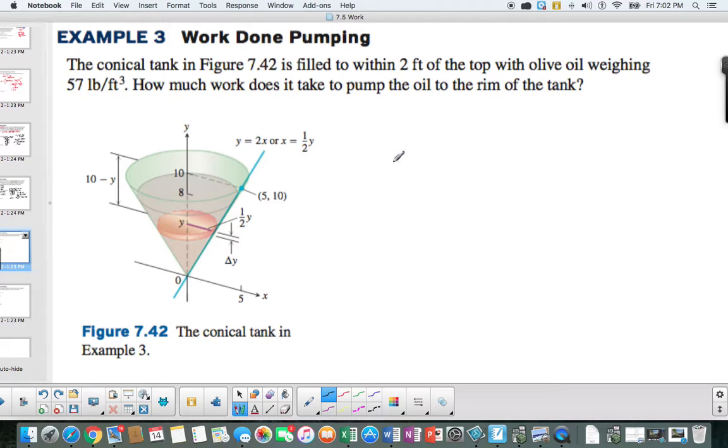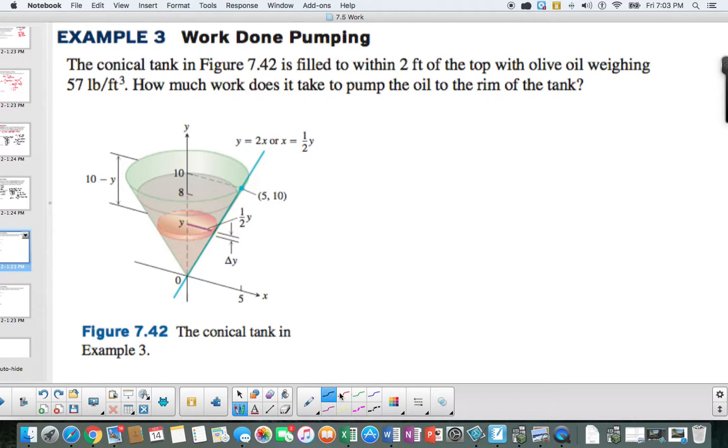A problem in pumping up some olive oil in a conical tank, filled to within 2 feet of the top. So we need to pump it all the way over the top of that tank.